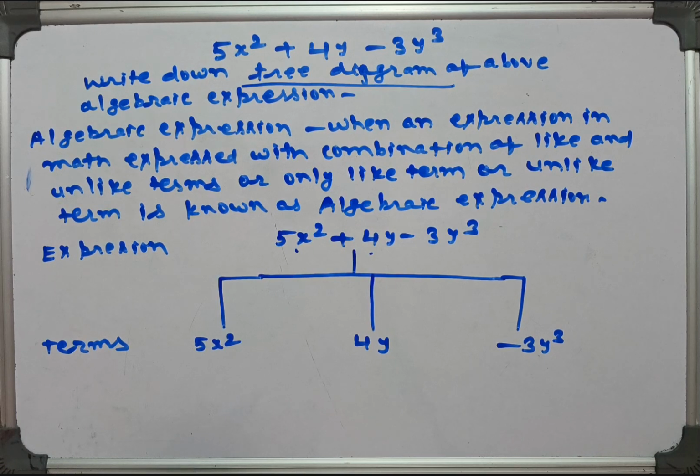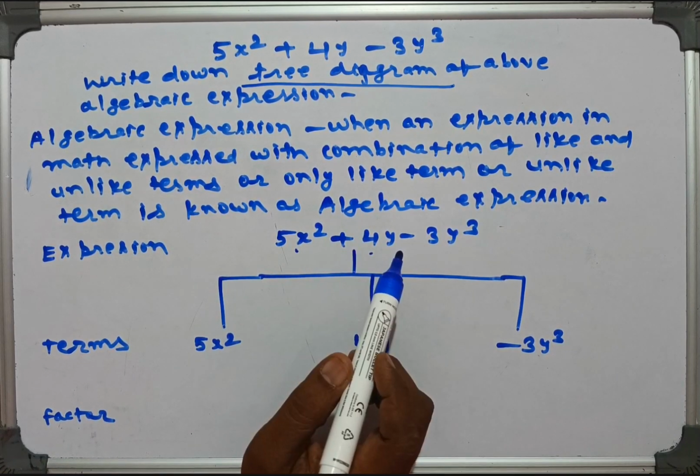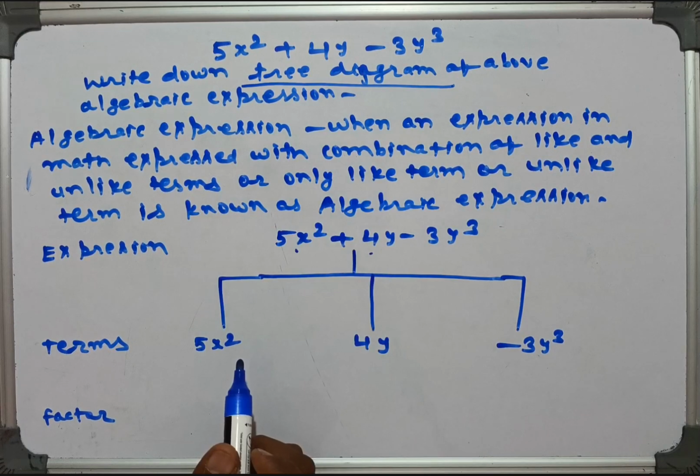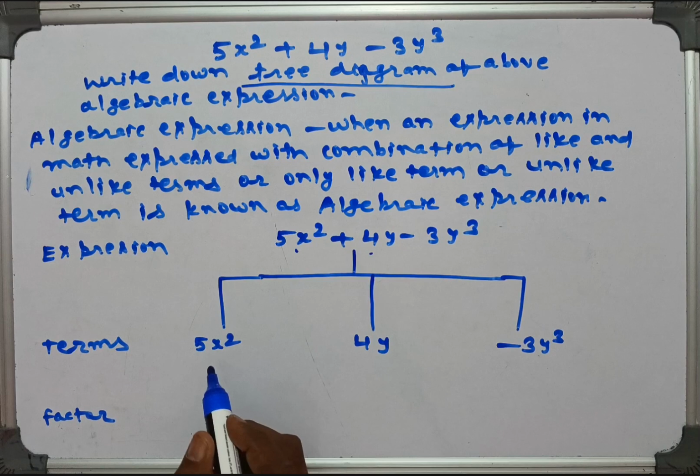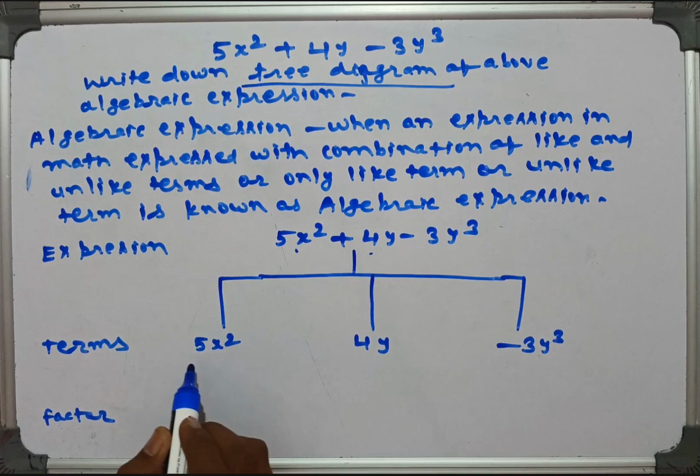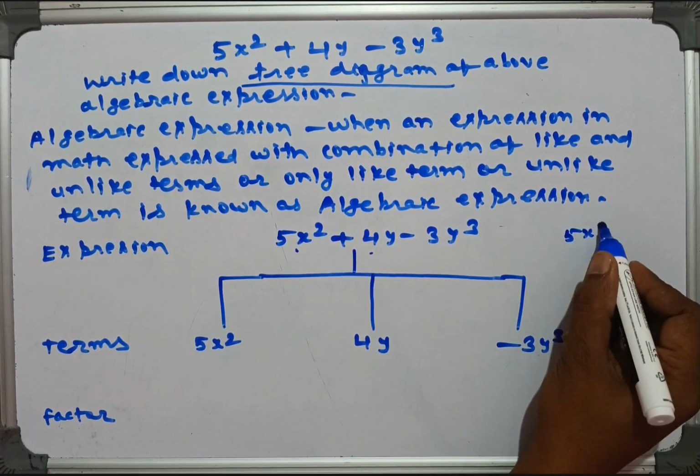Okay, so next one is our factor. As you see, the question is a tree diagram. When you are talking about a tree, then there must be branches. So in this tree diagram, we show the branch by dotted line. So first of all, we factorize this 5x square.